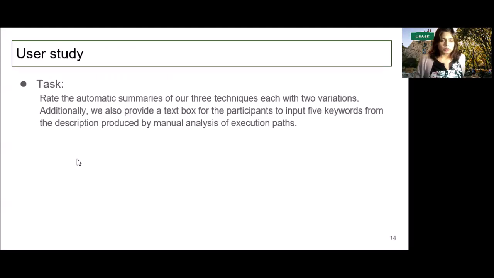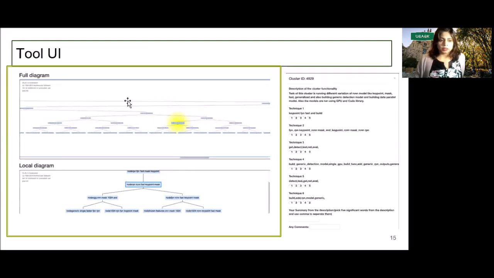We asked the users to rate the automatic summaries of our 3 techniques, each with 2 variations. Additionally, we also provided a text box for the participants to input 5 keywords from the description produced by manual analysis of execution paths. We provided a tool UI for the user study, where developers can see the concept cluster tree.